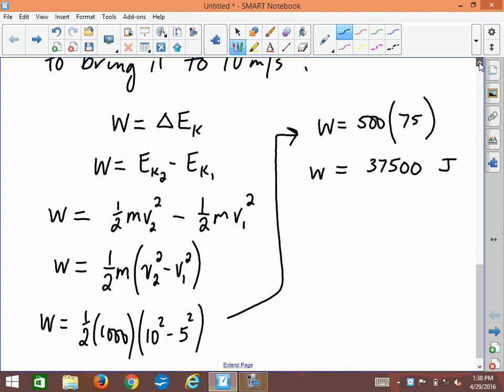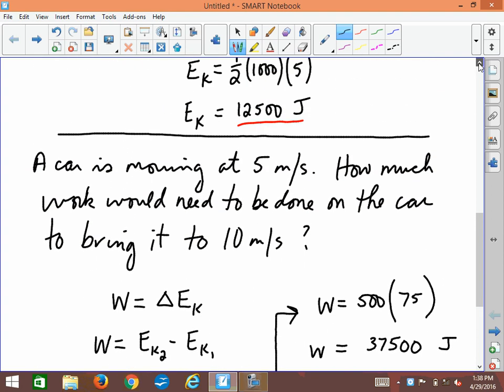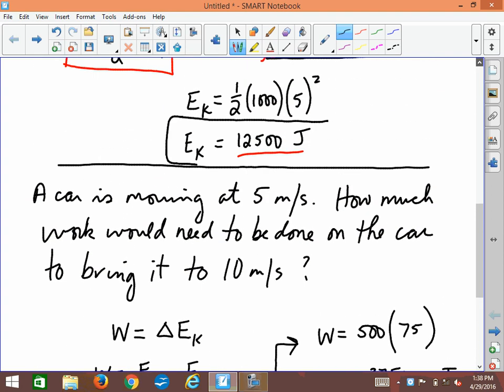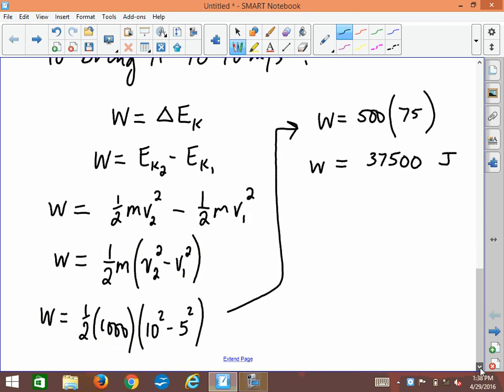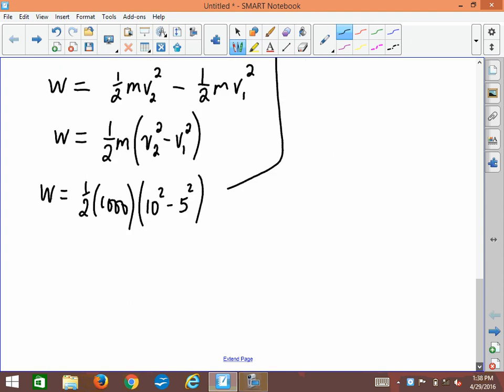So see, it started off at 5, and when it was moving at 5, it already had this much kinetic energy. Now to go from 5 to 10, we've seen we have to add this much energy or do this much work to it. So the final little question we might want to find out is, how much kinetic energy does it now have?